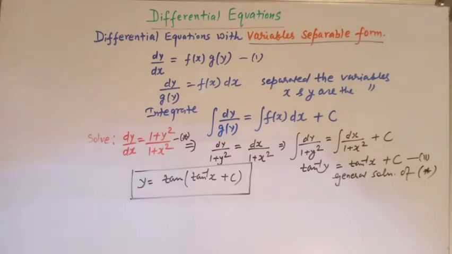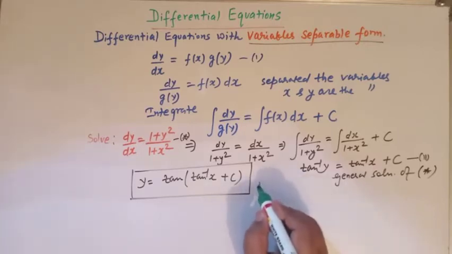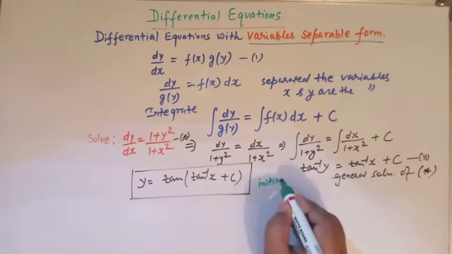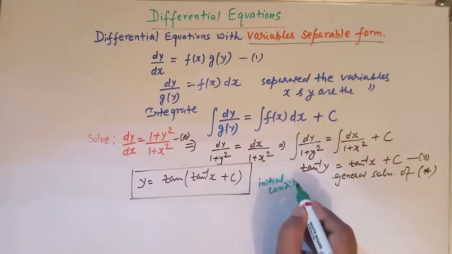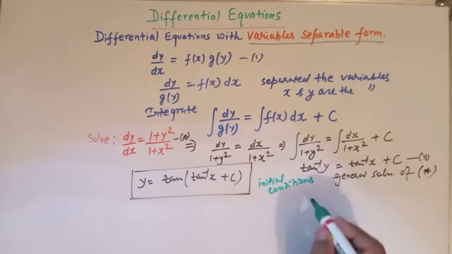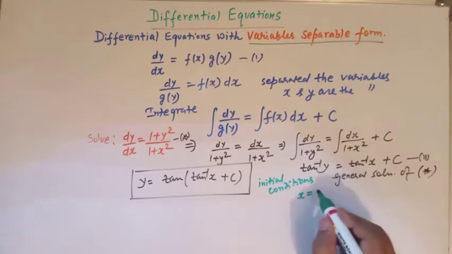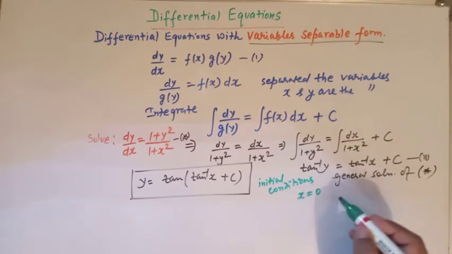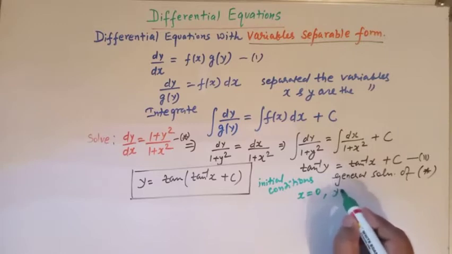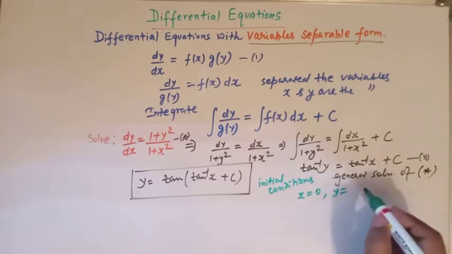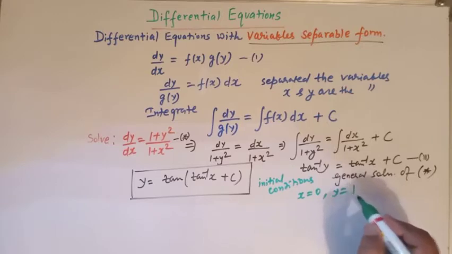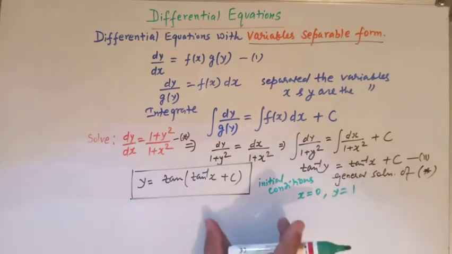Now here I would like to mention one more thing, that suppose we are given the initial conditions as say when x is 0, then y is 1. Clear? Then what is the particular solution in that case?